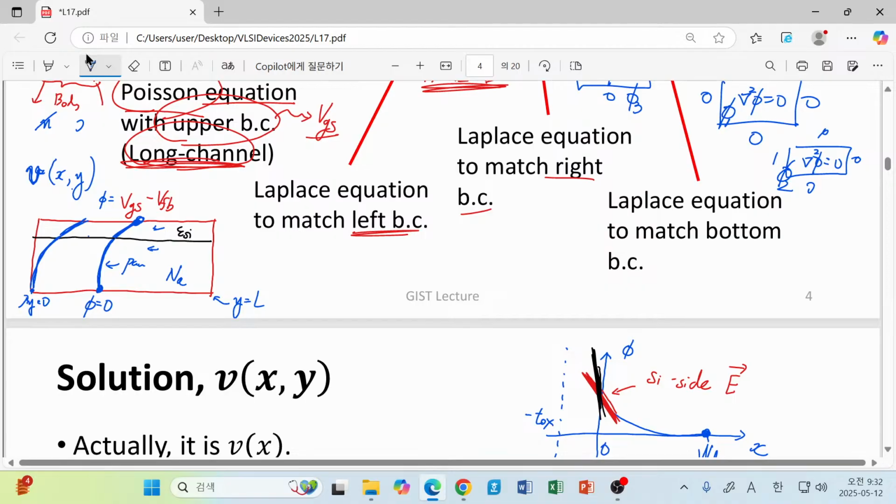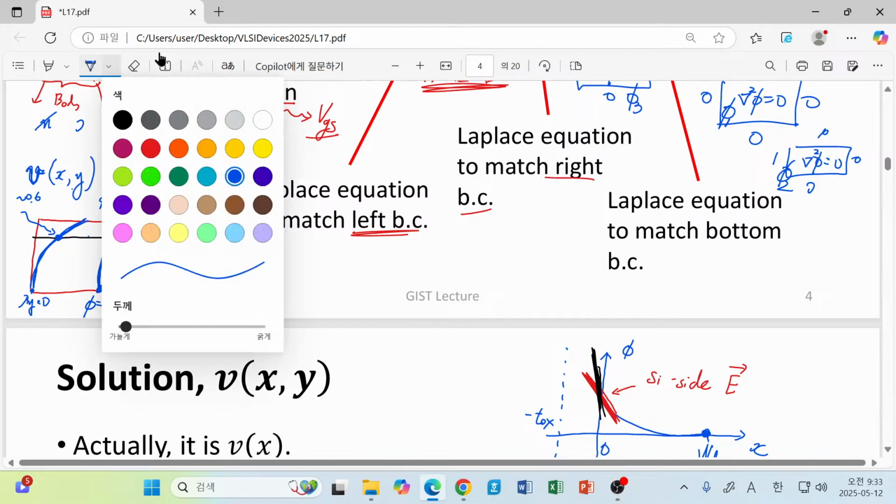Then please estimate the value at this point. What will be the value? Of course, this surface potential will depend on your gate voltage, but its value would be about 0.67 or something like that, which is far lower than the 2 phi b value.